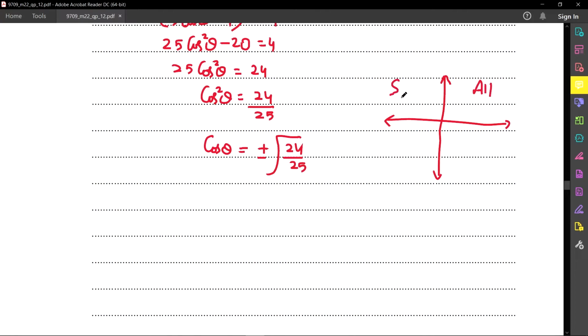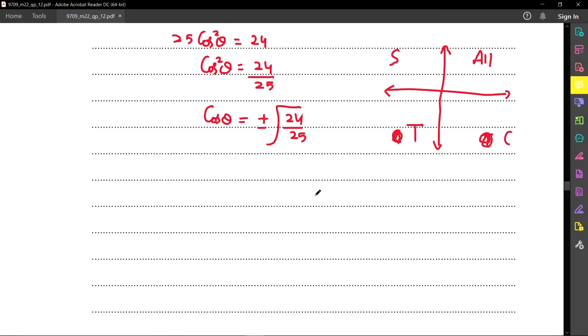Here the sine is positive, cos is positive, and tan is positive here. My bad, sorry. So all silver teacups: all, sine, this is tan and this is cos.